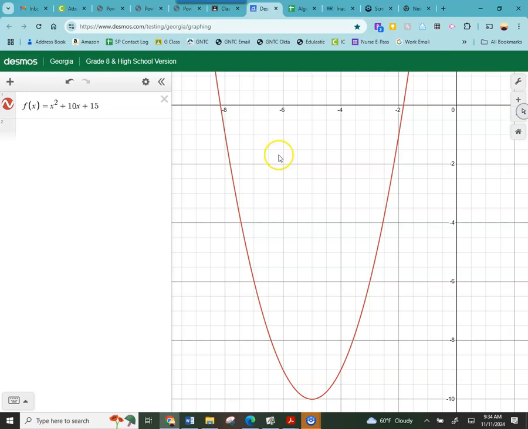I would get it to where you can see the vertex and the zeros, the roots. Okay, so we have it in Desmos.